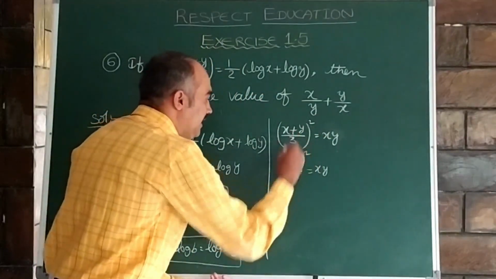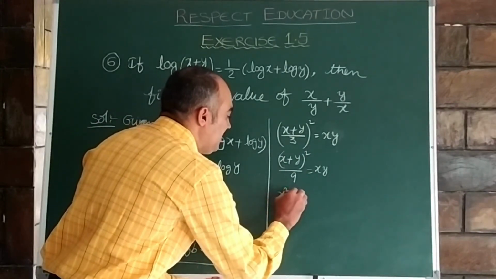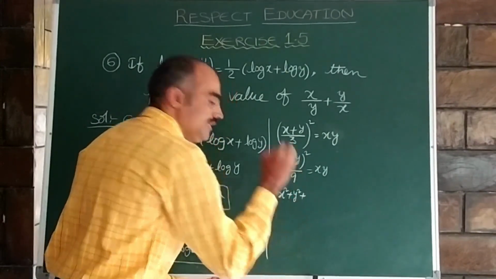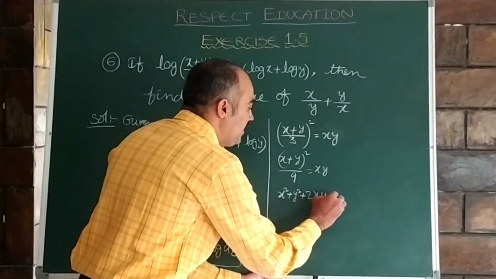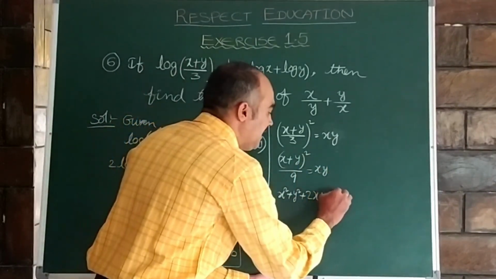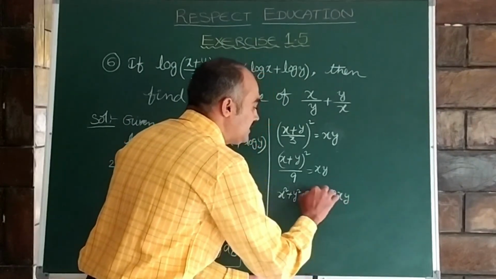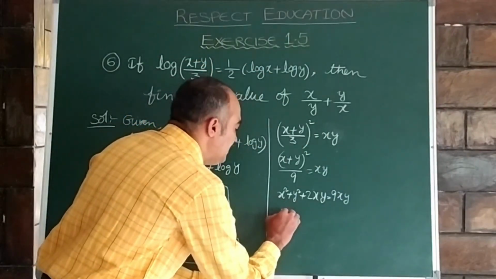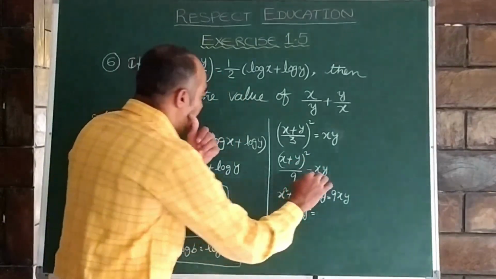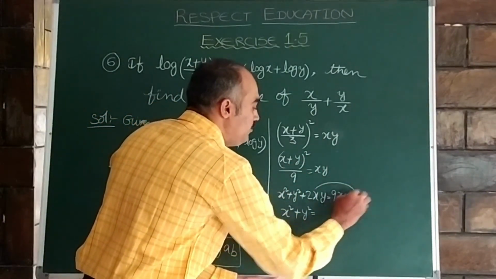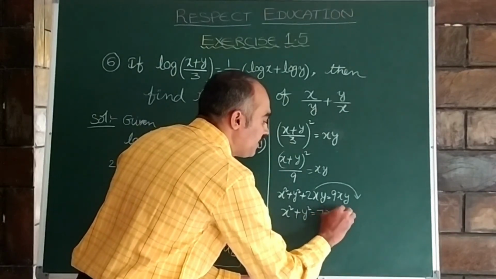Now let us split it as x square plus y square plus 2xy is equal to 9xy. Let us send 2xy to that side. It is x square plus y square is equal to 9xy minus 2xy, which becomes 7xy.